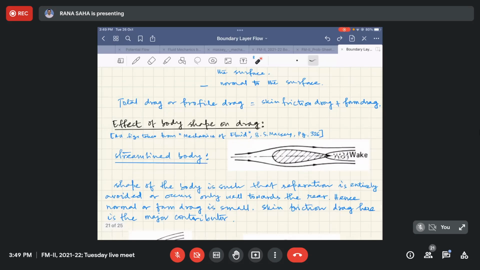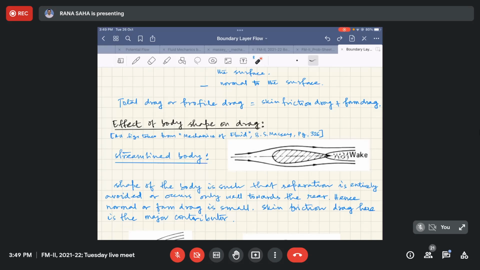So these two different types of drags have two different reasons. And as we have understood, we need to reduce this drag force, whatever be the nature of the drag, be it form drag or skin friction drag.